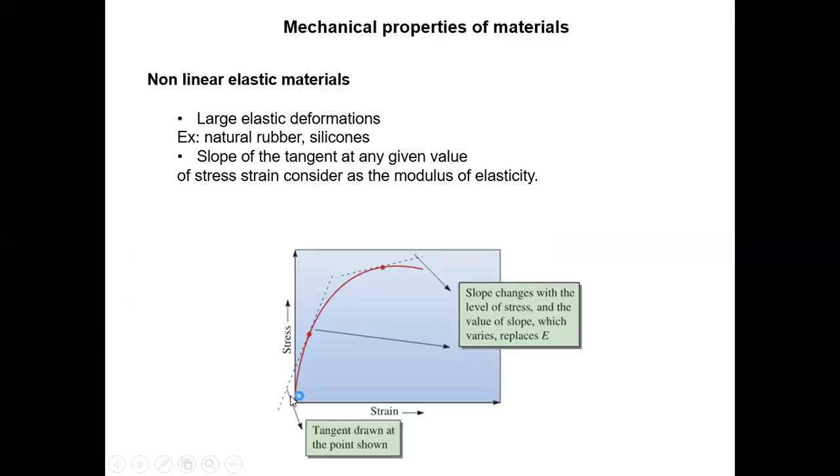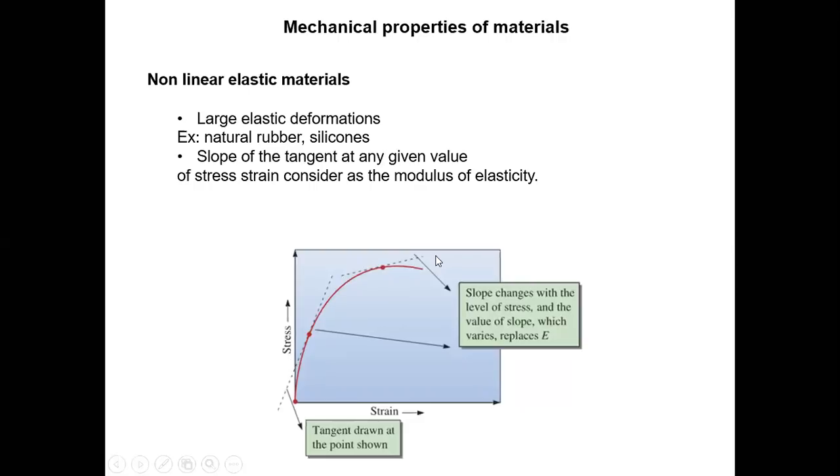In that case, we define their slope at specific points. For example, if you need to find the slope at this stress level, you put a tangent to the curve at that point and you get the slope of the tangent, right? So the slope changes, right?